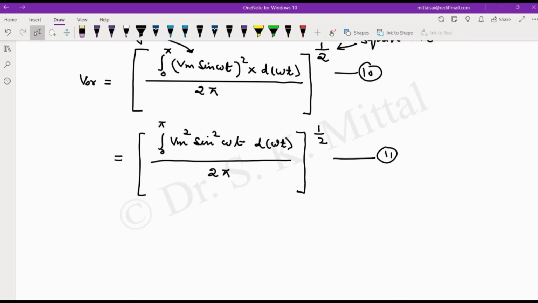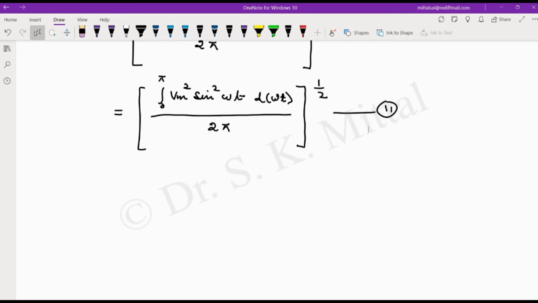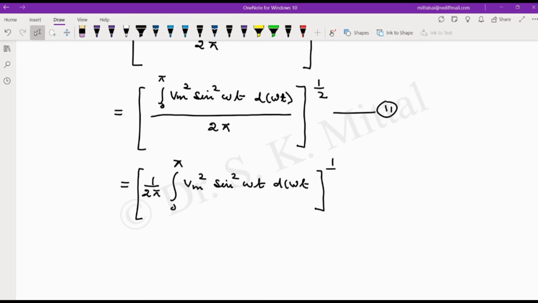Now, what is the value obtained here? So this is the denominator. So I can write this as 1 upon 2 pi integral 0 to pi Vm square sine square omega t d omega t, and then it can be taken with the square root.